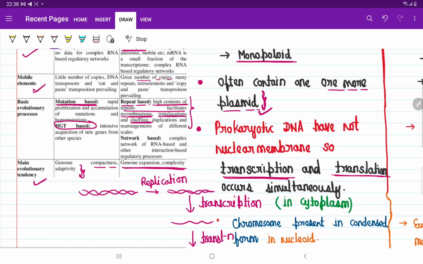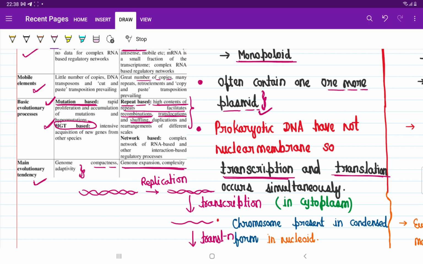Then we saw that in prokaryotic cells, DNA changes rely mainly on mutation and horizontal gene transfer. But in eukaryotic cells, the DNA will change by recombination, translocation, and shuffling, even duplication, and rearrangement of DNA in different ways.